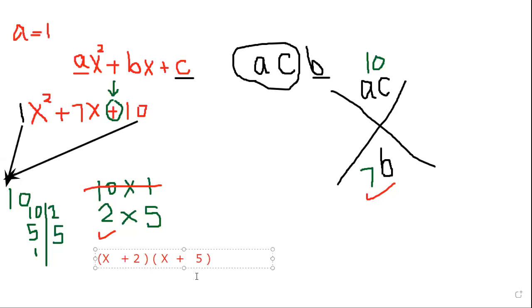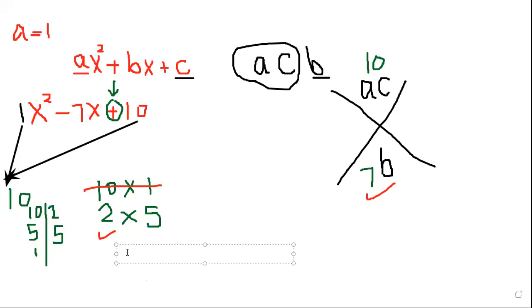Again, if the last sign was positive, the two signs in the parentheses will be exactly the same as the middle term. So if I change the sign in the middle term and put minus instead of it, in the two parentheses I'm going to remove the positive sign and put a negative sign.